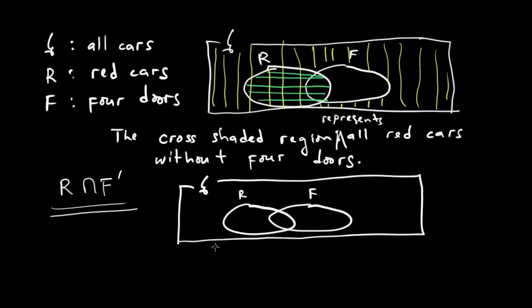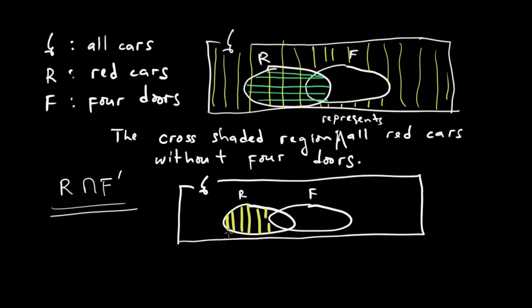You understand? We know that red cars are in here, including the intersection. That is the boundary of red cars. We want red cars without 4 doors. So red cars with 4 doors are found in the intersection here. This means that basically our answer should be a region like this.